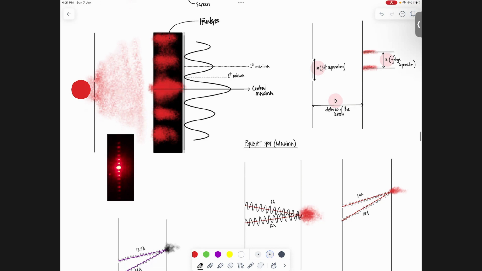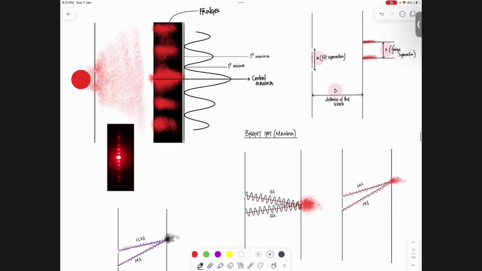And we discussed that last class. Essentially, light travels from one of these gaps to a certain point. Say light travels here, and light from here also travels to the same point, and as the light travels from here to that point and from here to that point, it results in a path difference. There's a difference in the length they travel.